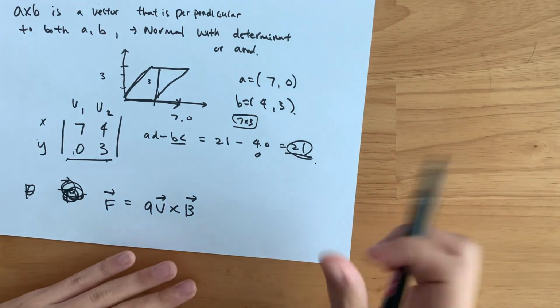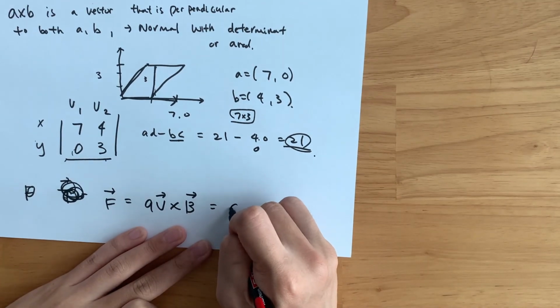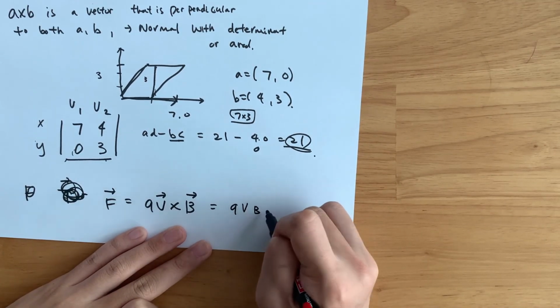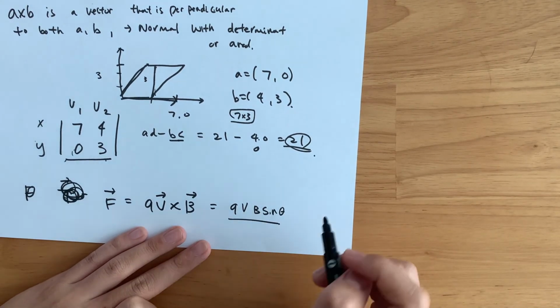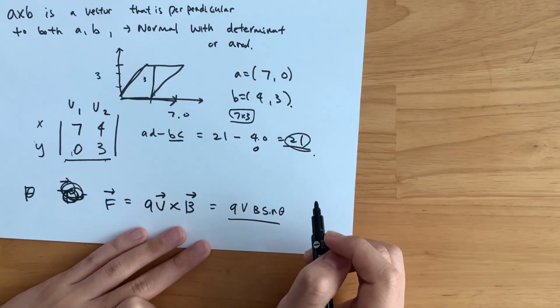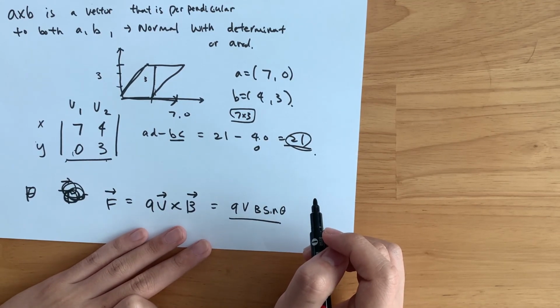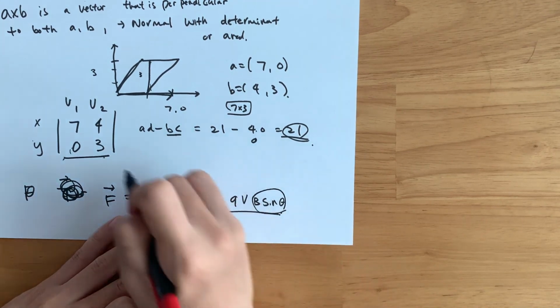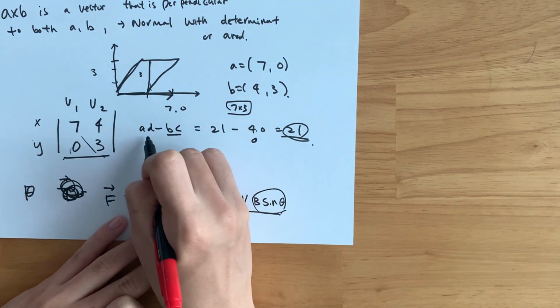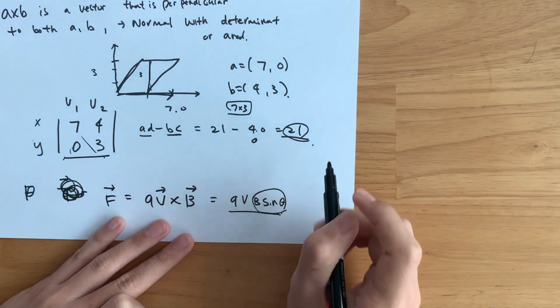Or this can also be represented as QVB sine theta. What this sine theta represents is just the determinant of these two, so it's AD minus BC.